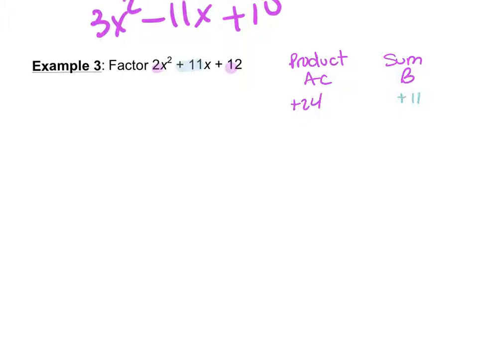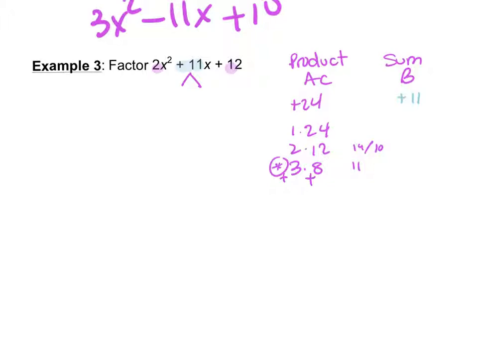Factors of 24: 1 and 24, no, they're not going to give me 11. 2 and 12 would give me 14 or 10, not 11. 3 times 8, oh, that would give me 11, so it's this one. They multiply to a positive and add to a positive, so they're both positive: positive 3 and positive 8.